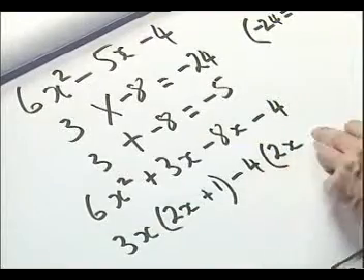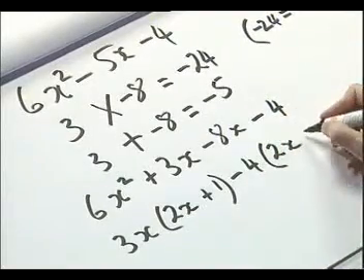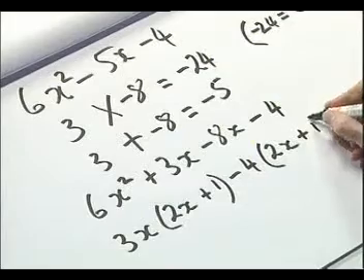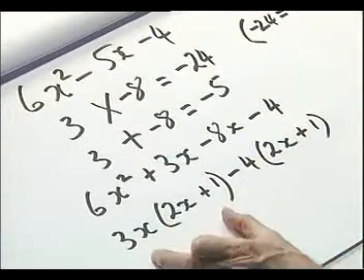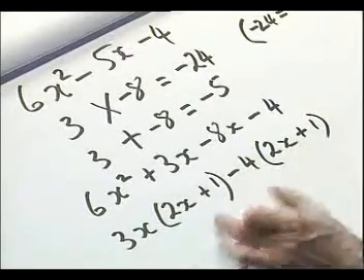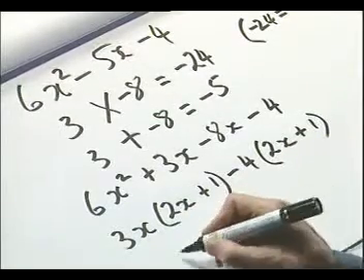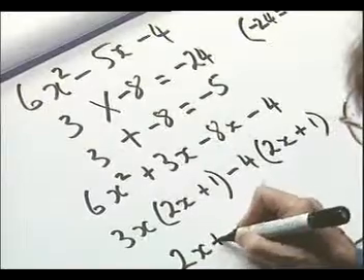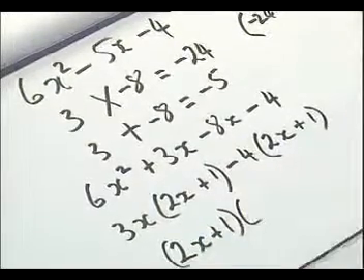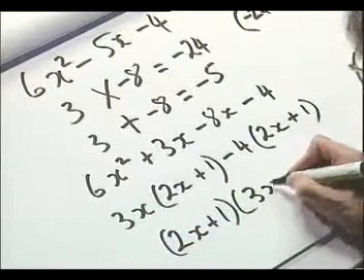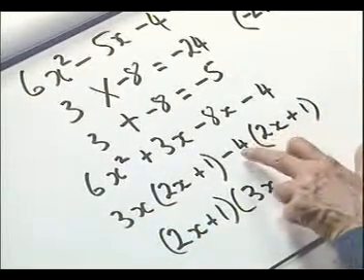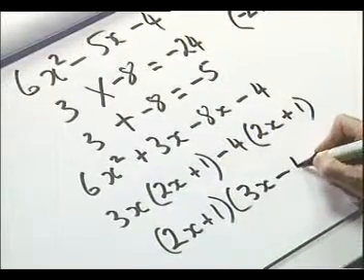And then minus 4 times by something has to give us minus 4, so that's got to be plus 1. Again, two lumps of algebra sharing this common factor of 2x plus 1. So we'll take that out. And then we have 2x plus 1 multiplying 3x. And 2x plus 1 multiplying minus 4.